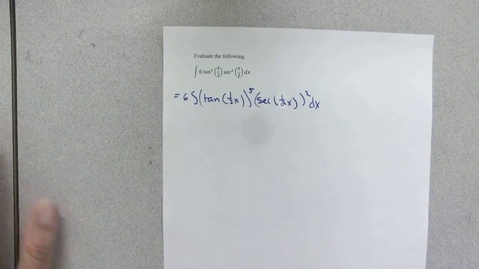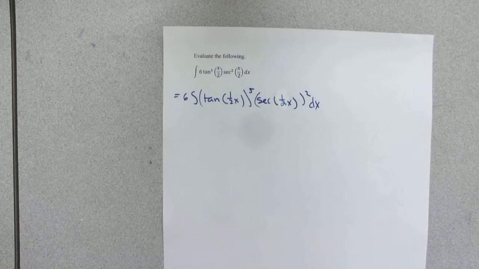And so I look at it, and again, it's a product, it's a composition. I cannot easily simplify it. So I've got to decide what I want to do. Should I let u equal secant, or should I let u equal tangent?